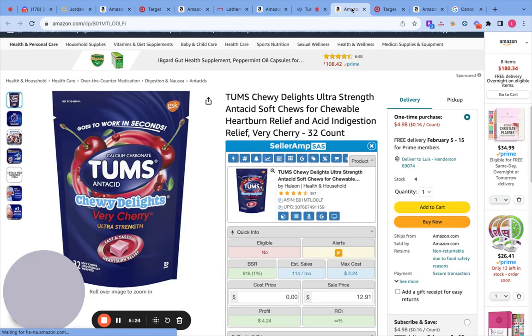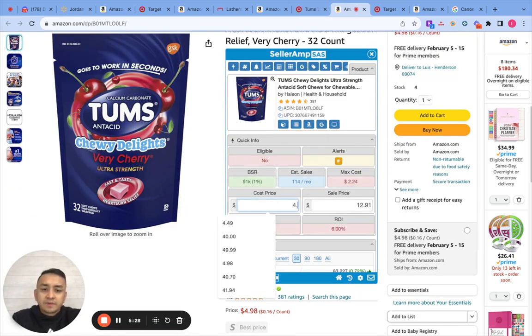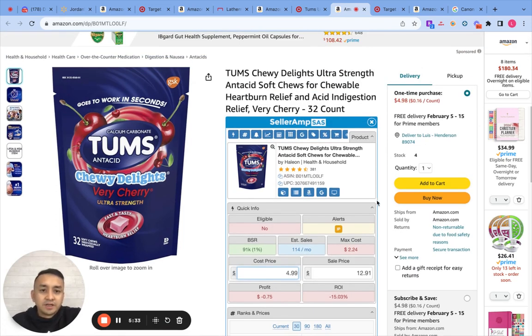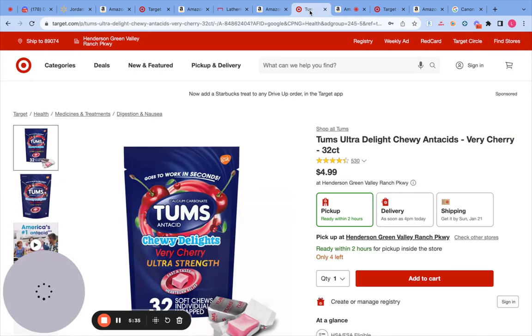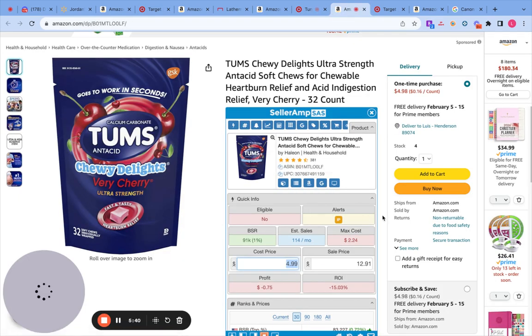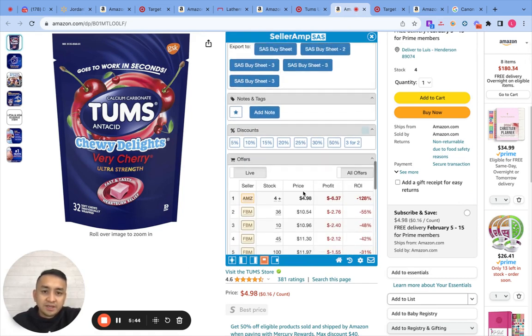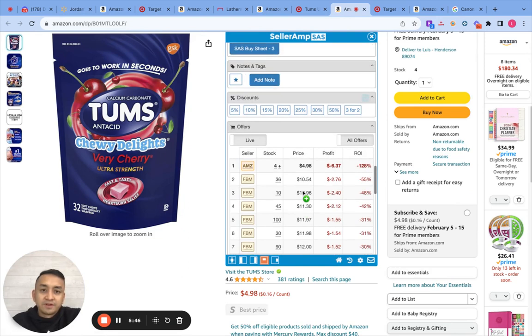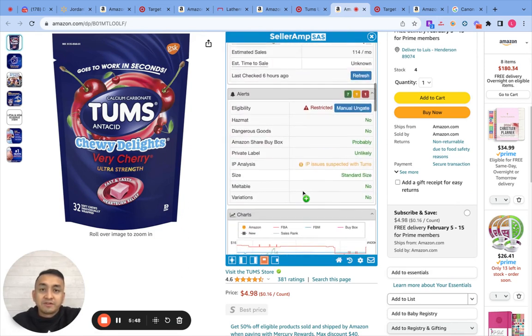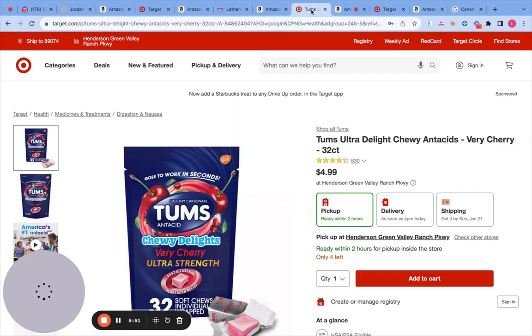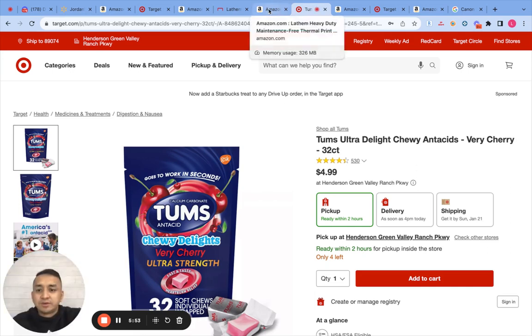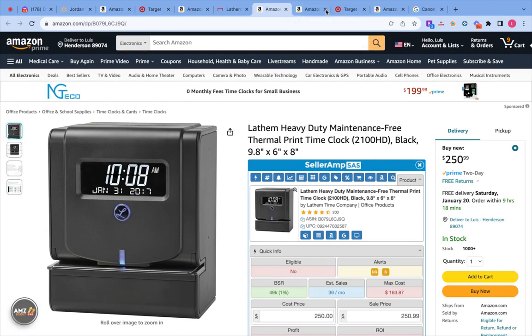Yeah, cost is $4.99. Why is it negative? Same product. It says negative ROI, so I would scroll down and just see. Yeah, it's negative. Never mind. This one is a negative ROI product, so we're going to skip it and move on to the next product.